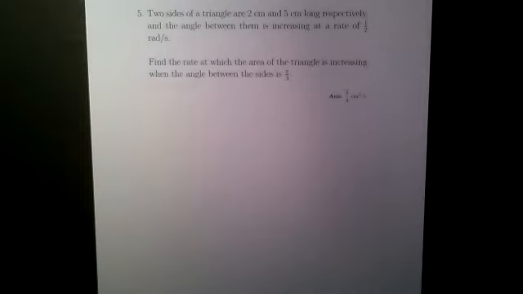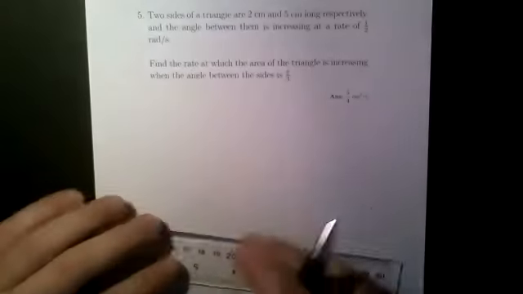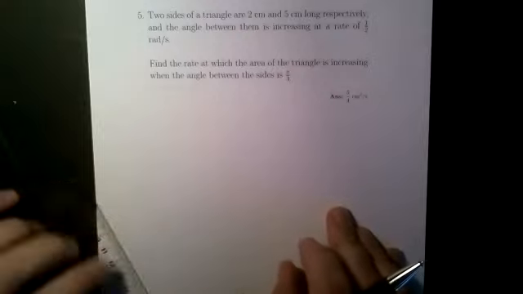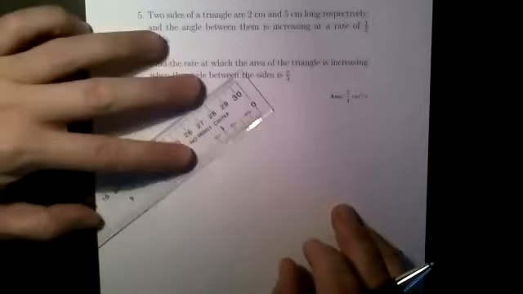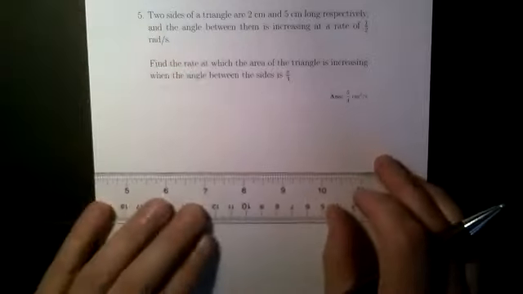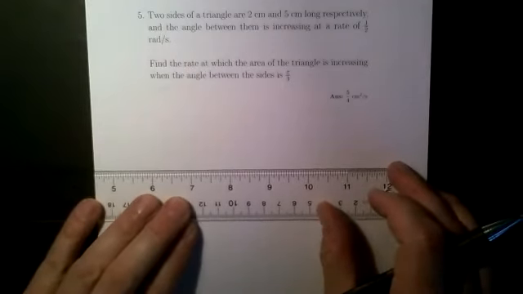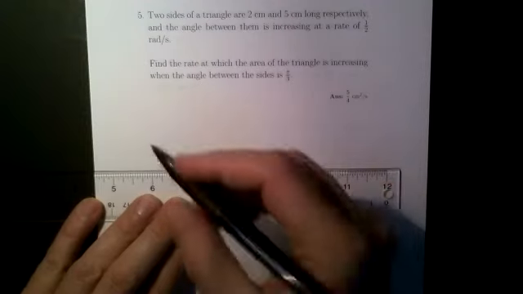Okay, so here's a related rate problem. Two sides of a triangle are 2 centimeters and 5 centimeters long, respectively. Okay, so I'm going to draw them. Let's say here.